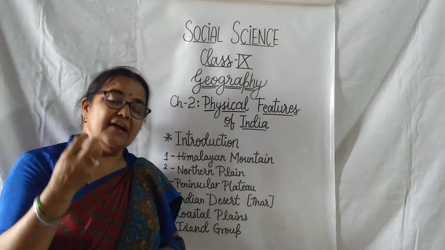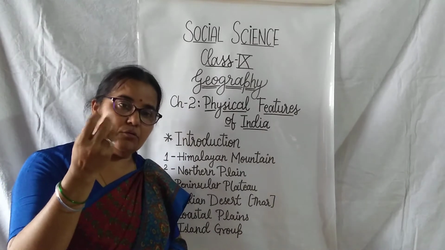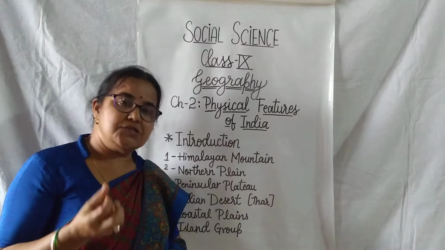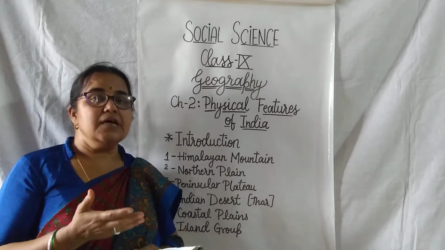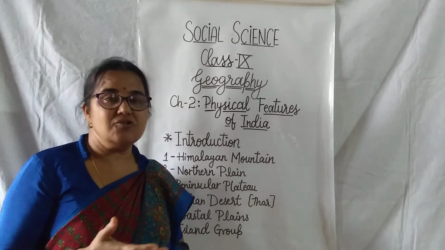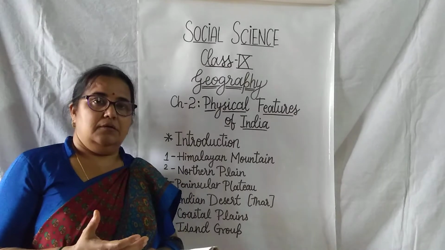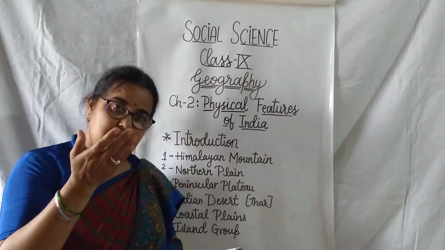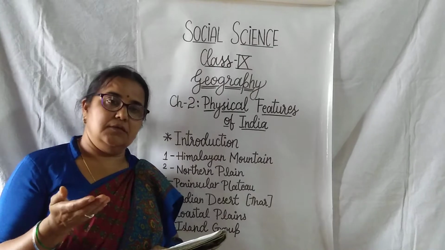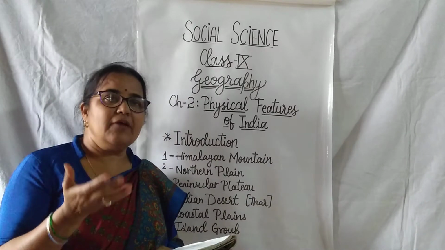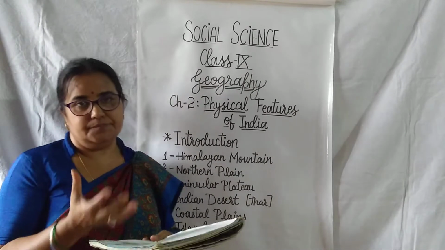We already read that in the Earth's crust there is molten magma, and it is in a semi-liquid form. It is not a solid. So this semi-liquid form is not in a very stable condition.